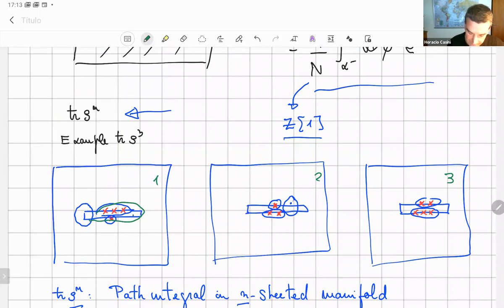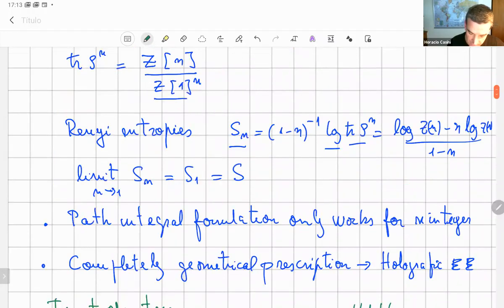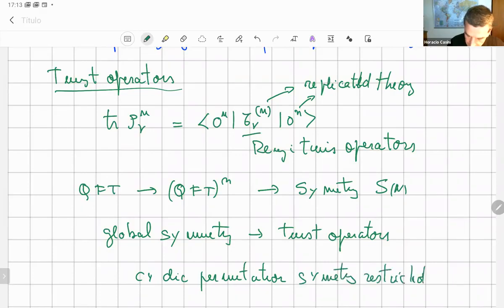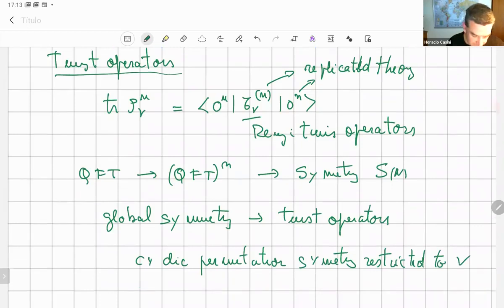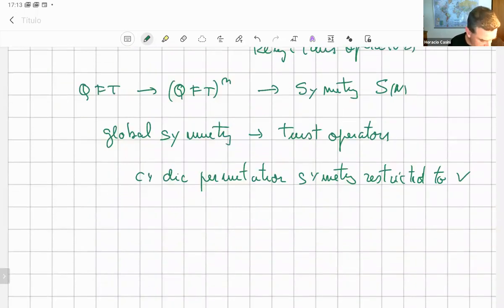So the twist operators for the Renyi entropies are cyclic symmetry operators restricted to some region B. But it can be done for any global symmetry. I will return to this subject in the last lecture.